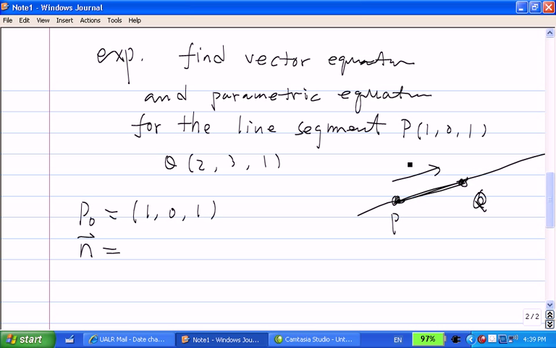N is any vector your line is parallel with. Obviously, the vector from P to Q will do it. Use the coordinates of Q, subtract the coordinates of P. So 2 minus 1, 3 minus 0, 1 minus 1. This gives you 1, 3, 0.